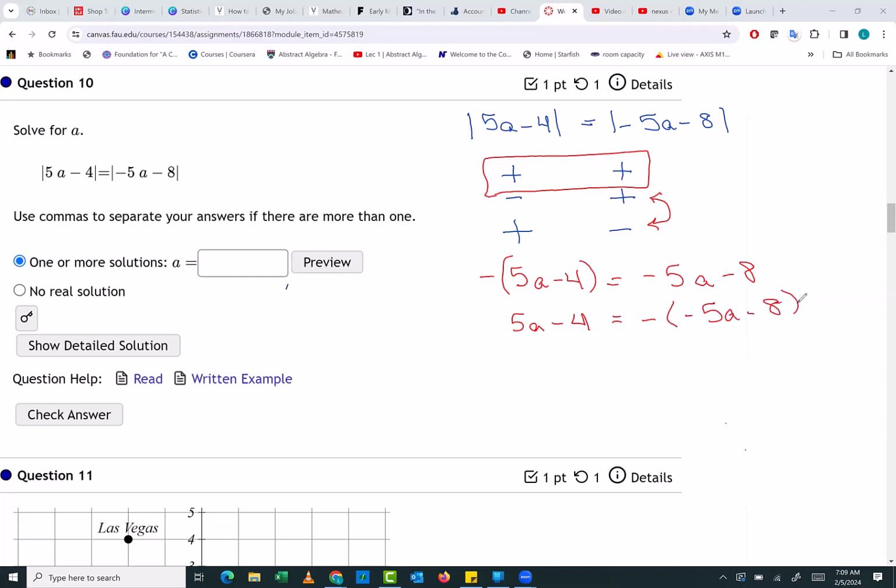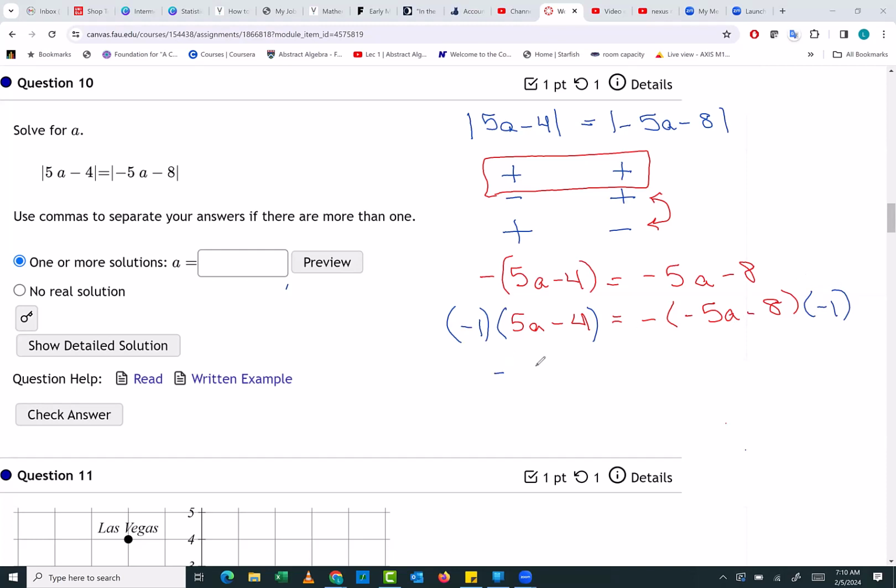Are these equal? Well, yes, they are, because I can do exactly the same thing I just did before. I can multiply both sides by -1. To do that, I have to put parentheses here, multiply this by -1, and multiply this by -1.